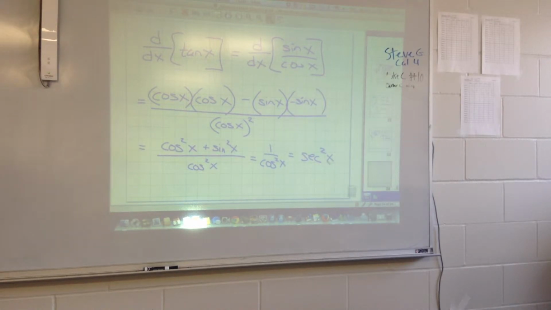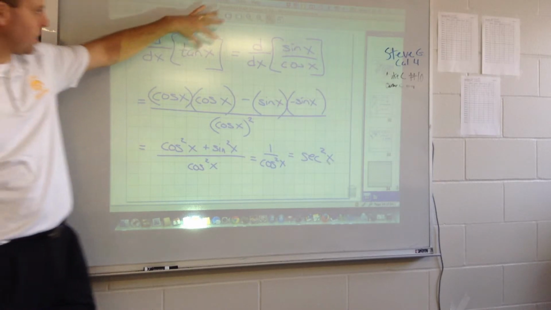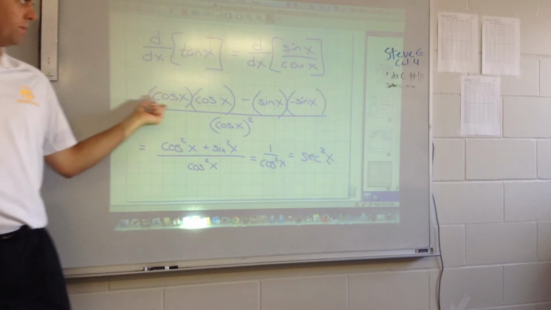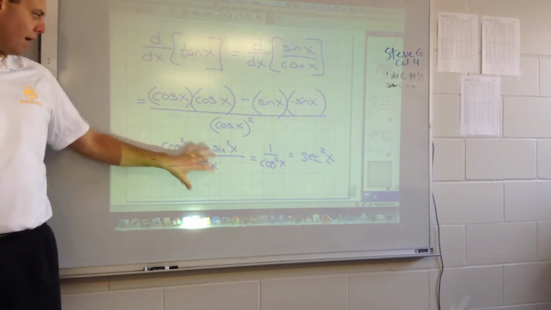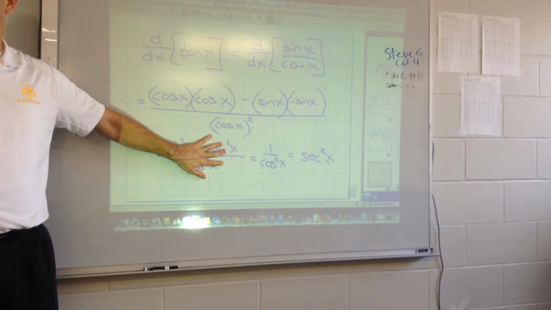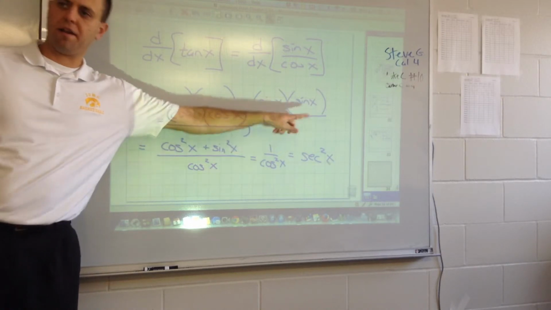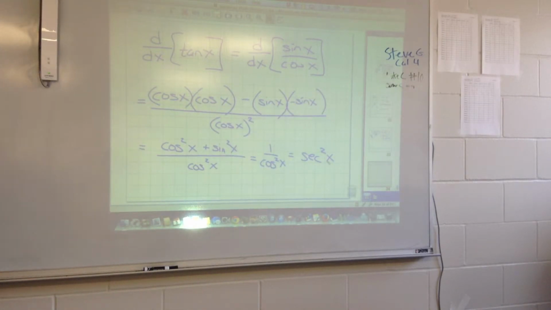So, I want you to rewrite tangent as this, then show me you're using the quotient rule, okay? You could probably skip that step, but write that and then equals secant squared. Are you sure we're not doing a proof like last year? Well, essentially, you're kind of doing that. All right, so there's the derivative of tangent.